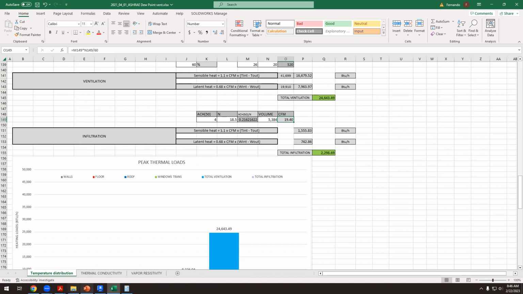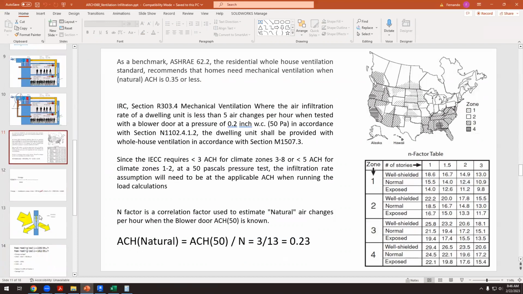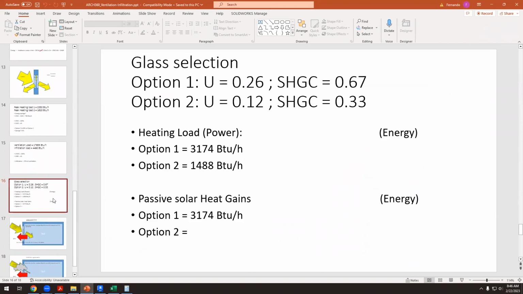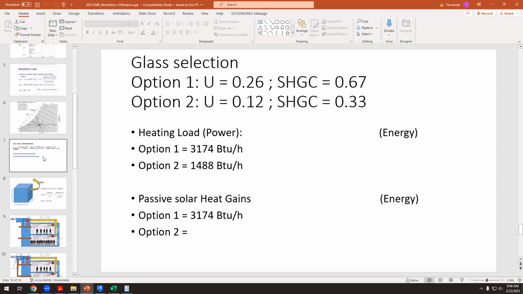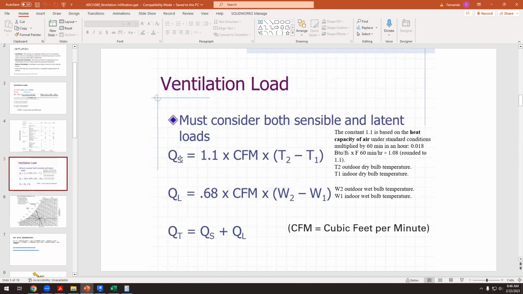We have these formulas from the ARCH360, the sensible heat and latent heat, and then we have to add them up. I need CFM because these formulas come from CFM. For the sensible heat, we have this 1.1 that depends on the specific heat of air, and those are the units.